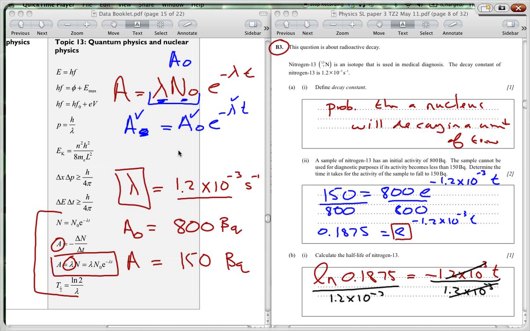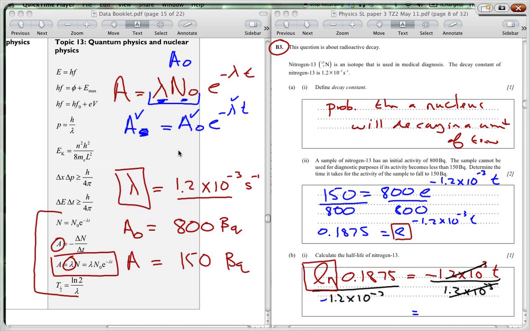You'll see this button on your calculator, the ln button. So we take ln and we type in that number, 0.1875, and we get that value, and we're going to divide it by 1.2 exponent minus 3. You'll see your value there is a negative value, but because you divided it by a negative, it actually becomes positive.